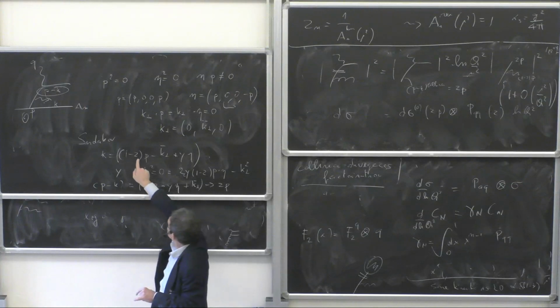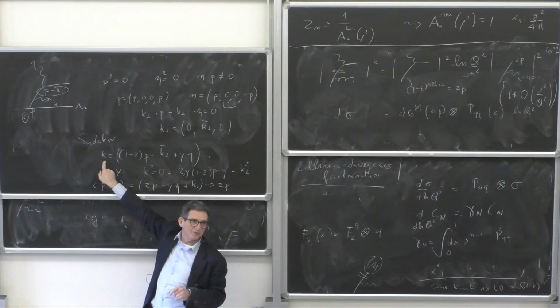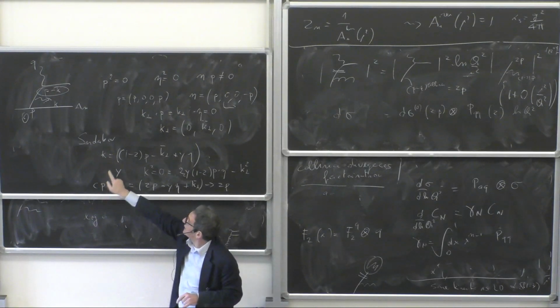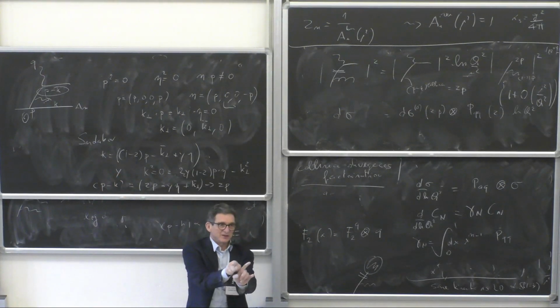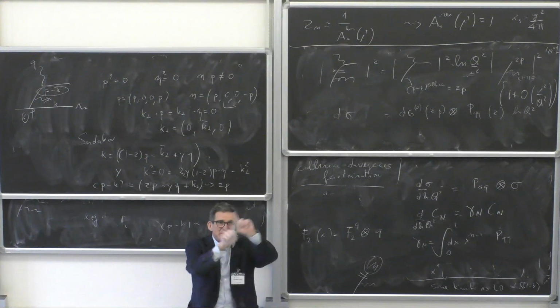But then let's say z is going to 1. That means that all the components of the four momentum of k are going to 0, which then means that p minus k is equal to the initial p. So the thing that you are emitting has not only 0 transverse component, it has 0 all components.